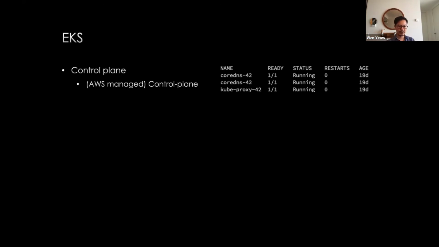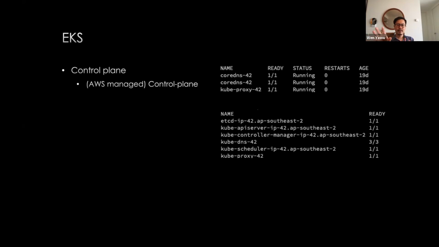So just to give you an example, the screenshot below shows the pods running in the kube system. And in a kubeadm provisioned cluster, you would have like API server, controller manager, scheduler, and all that. So this is something that, just FYI.